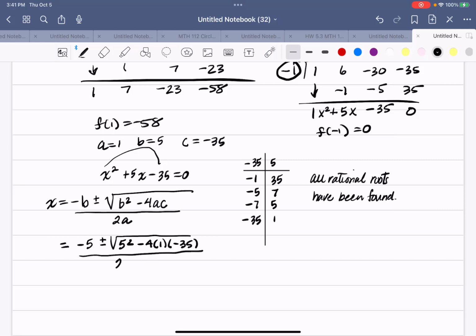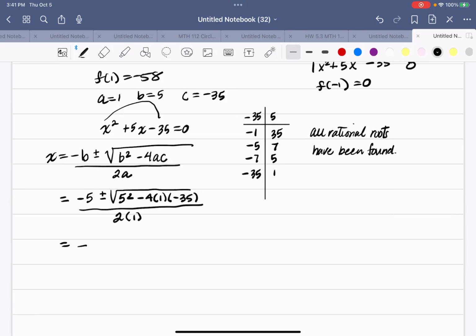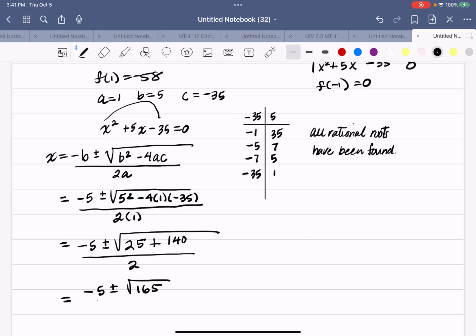All of that is twice 1. So that's going to give me negative 5 plus and minus the square root of 25 plus, since negative 4 times 1 times negative 35 is a plus, and 4 times 35 is 140. So all of that's going to be over 2. So negative 5 plus or minus the square root of 165 over 2.